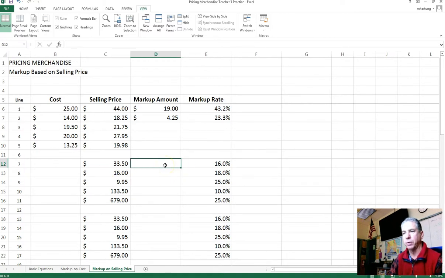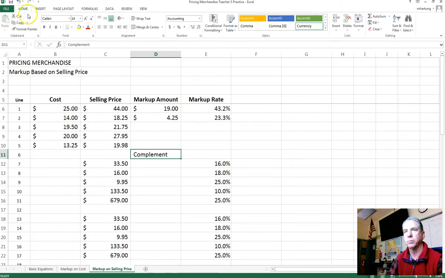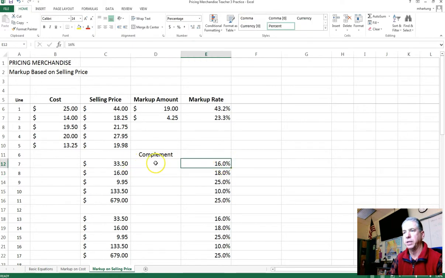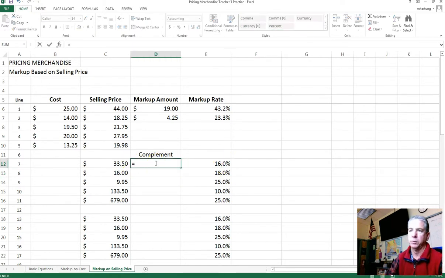So, how to calculate the complement? Let's go ahead and put a heading in here. So the complement of 16, here's the way that we can do it with the formula. It's going to be 100%, or 1 minus the 16%, and that should equal 84%.